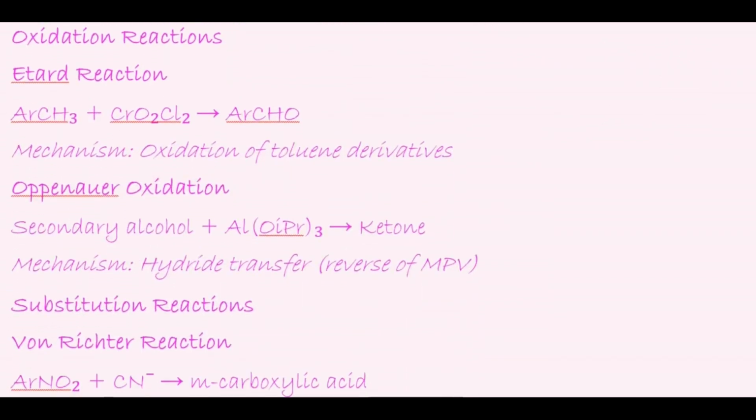Then Etard reaction, chromyl chloride, CrO2Cl2, that is giving you CH3 to aldehyde. So the conversion of toluene to benzaldehyde. Toluene to benzaldehyde.